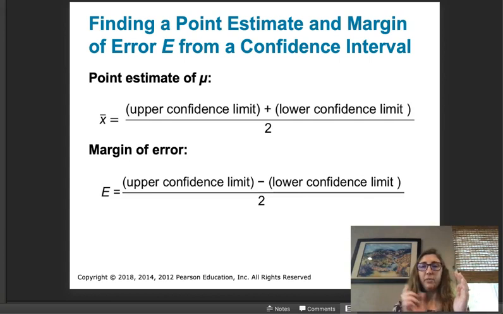So again, you'd be finding the mean between two values, adding and dividing by 2. Then your margin of error is half of the distance. So you'd find the total distance between your upper and lower confidence limits, and then divide that by 2 to get the margin of error. Same exact thing to find your x bar and your margin of error from 7.1.